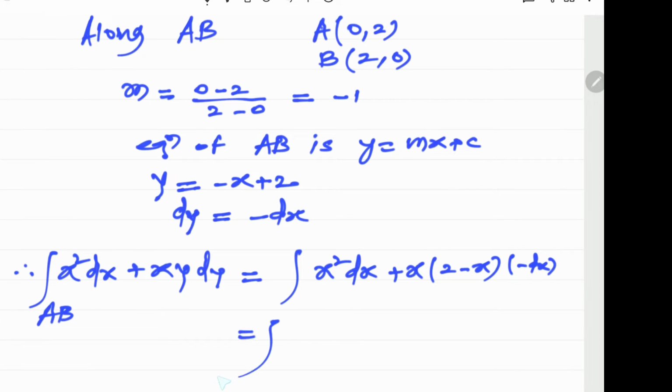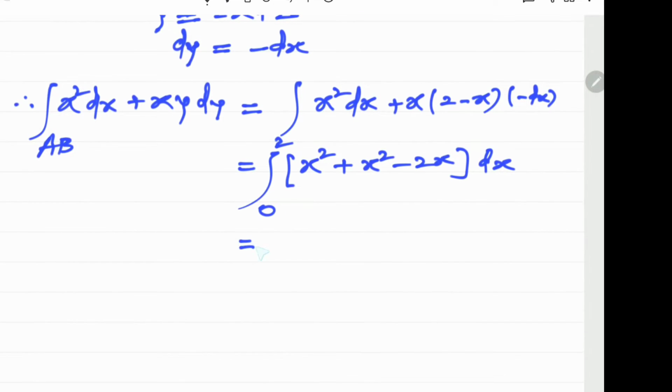It is nothing but x square plus x square, which becomes 2x square, and minus 2x. There are two terms, 2x square minus 2x, and we integrate with respect to x. As per the direction, the limits for x change from 0 to 2: the x coordinate of A is 0 and of B is 2. Therefore, the limits are from 0 to 2.